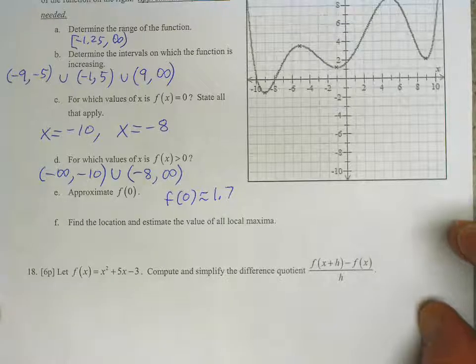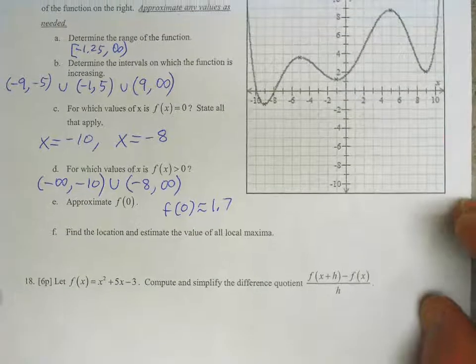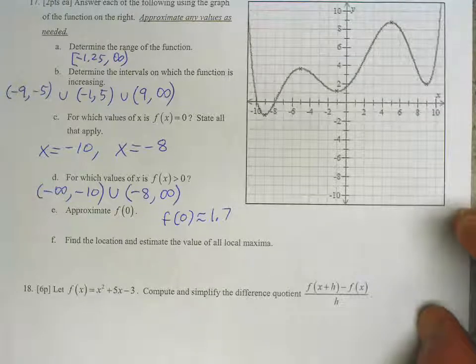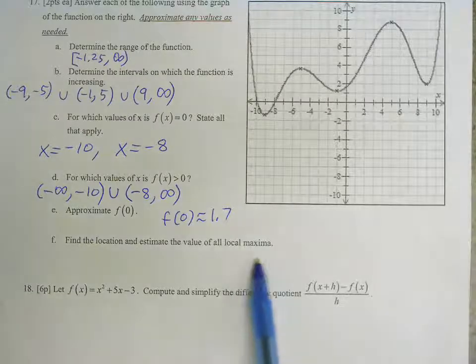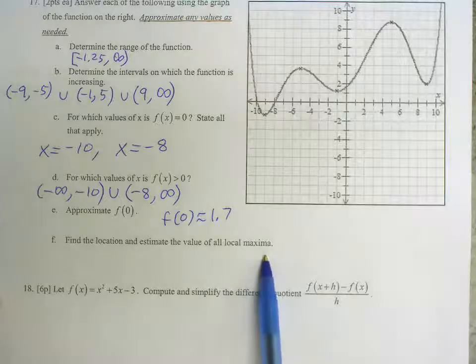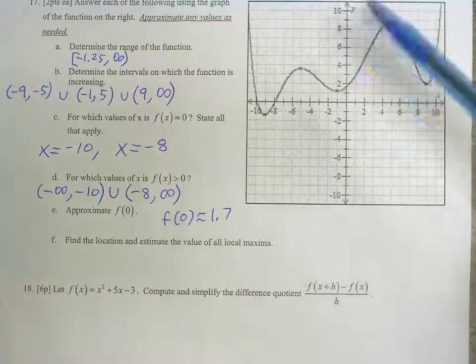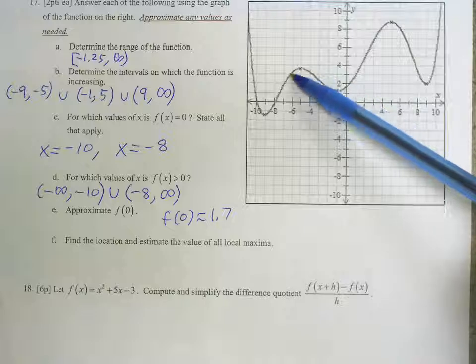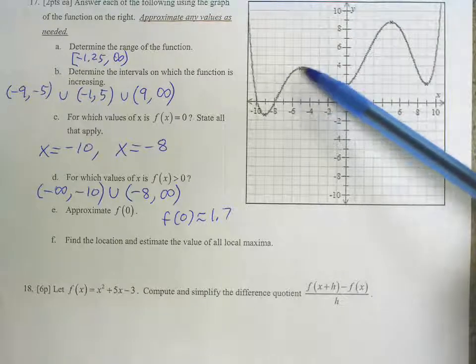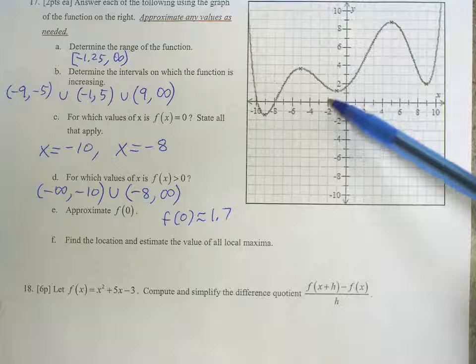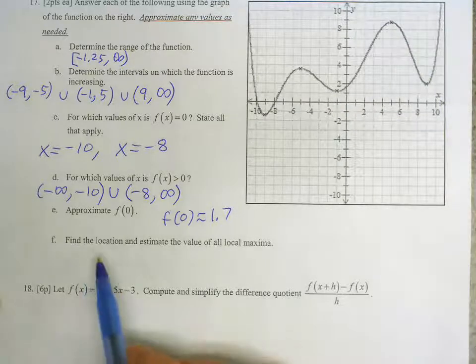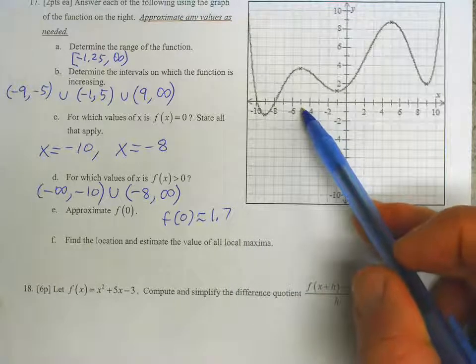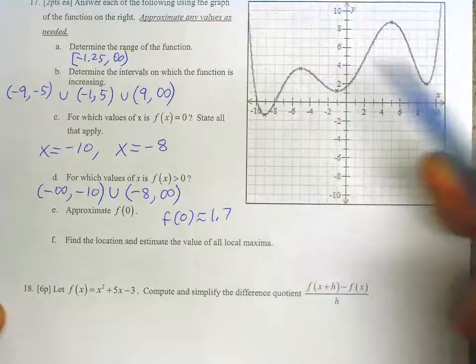Okay, part F. Part F says find the location and estimate the value of all local maxima. What they mean is maximums, plural. There's a local maximum here. That's where it tops out in a locality. And then there's a second local maximum. The location is the domain value that corresponds to it.